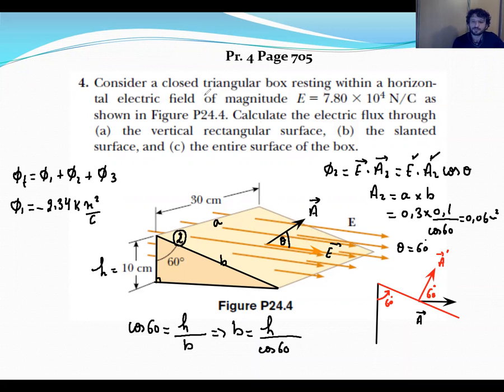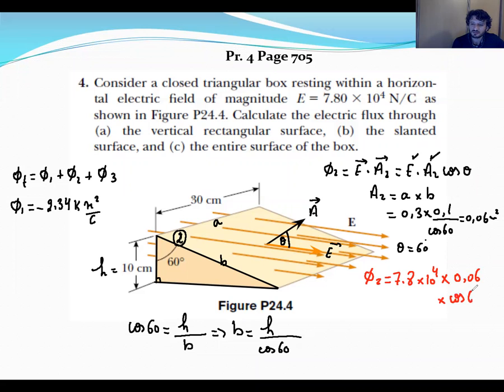Now we can calculate phi 2 equals E, which is 7.8 times 10 power 4, times A2, which is 0.06, times cosine 60.